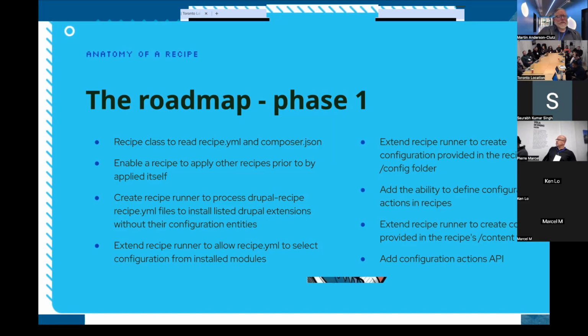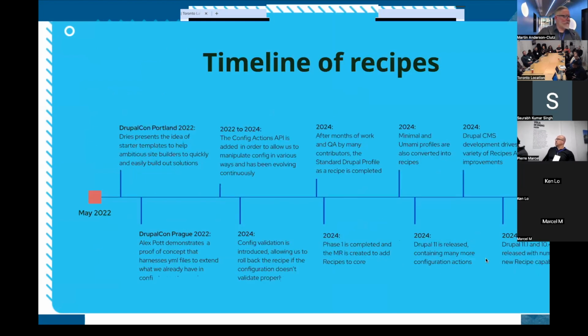Being able to specify what is the set of configuration entities that you want brought in, being able to do things like import the content and config folders, really all of the different things that we've talked about, including that API, so that now other module developers can provide their own.